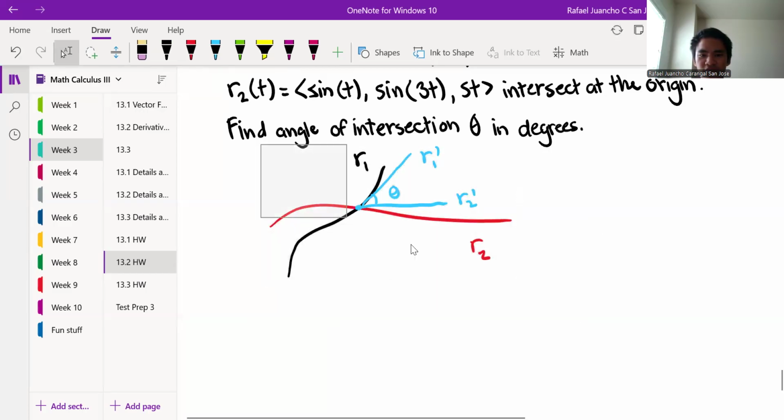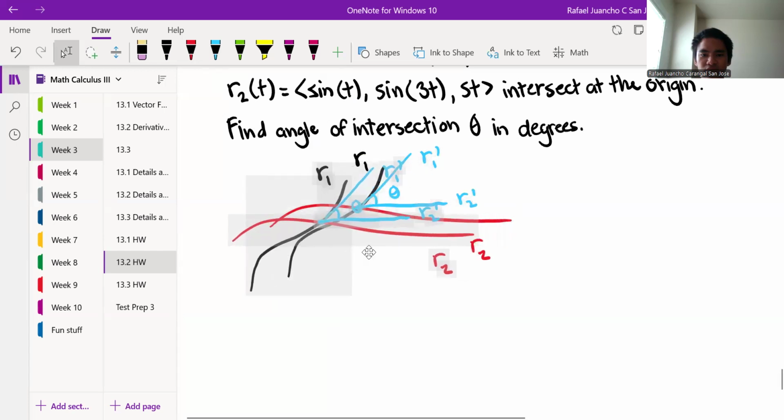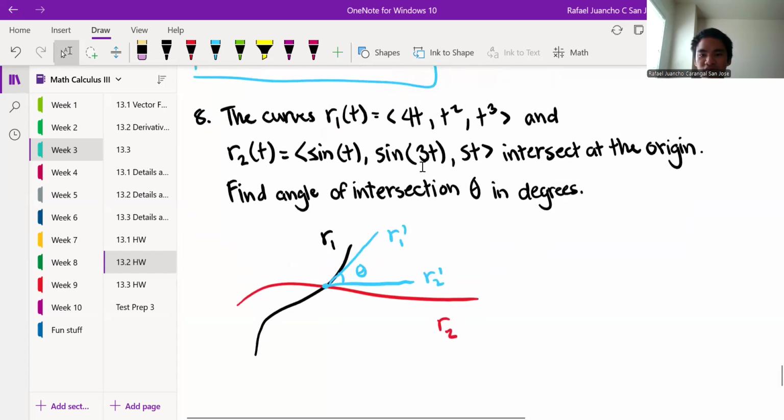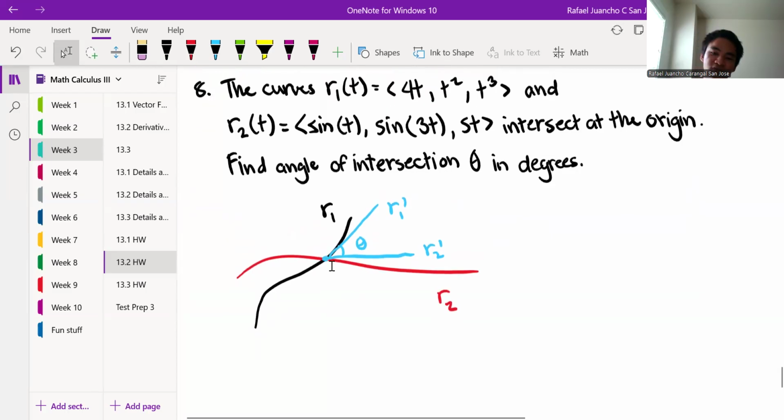So using this idea, we need to find their derivatives or their tangent vectors, and we need to find when these tangent vectors intersect. Or honestly, when they intersect at this particular point. But it says it's at the origin, and so the origin here is just 0, 0, 0.